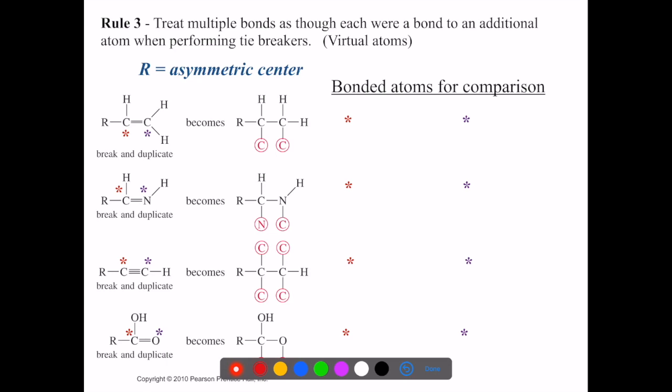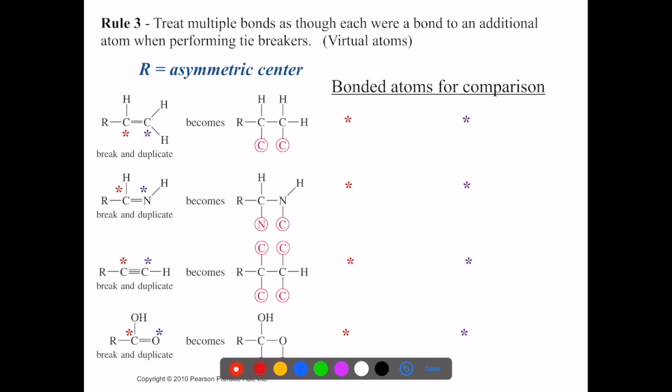Now the third rule, which doesn't come up, I give it to you because it might come up in a simple way, but this rule can get a little tricky and complex with some problems. But this being kind of a 1 semester overview course, I won't get too tricky with it. But this deals with multiple bonds.